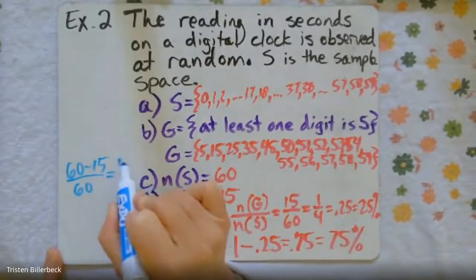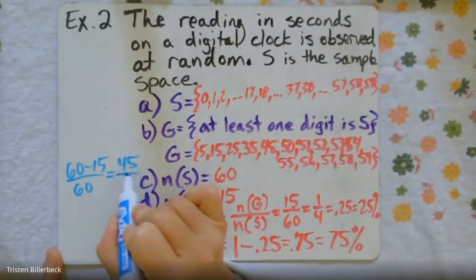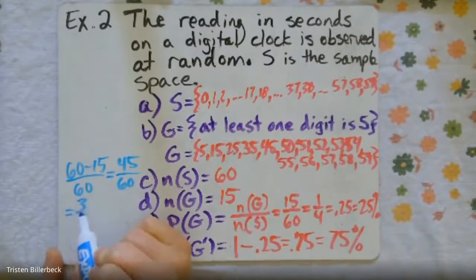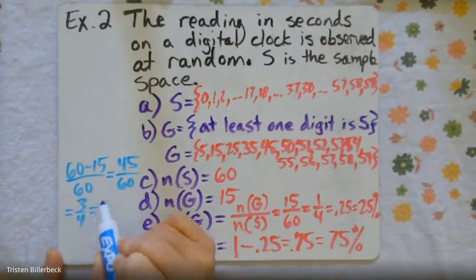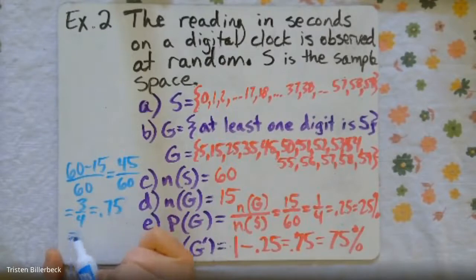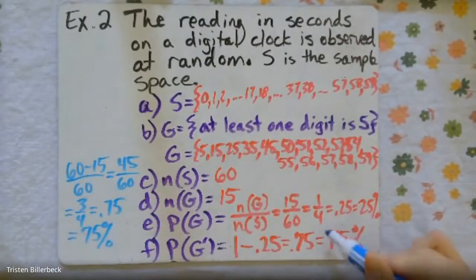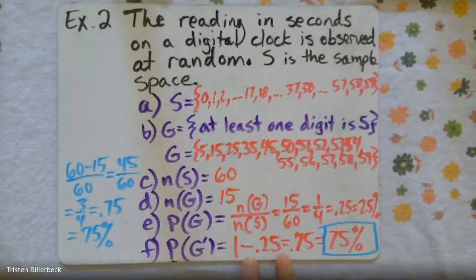And this equals 45 over 60, which equals 3/4, which equals 0.75, which equals 75%. And that's exactly what we got right here, 75%. Okay, so this rule will save you a little time, but this method is just perfectly fine to use as well.